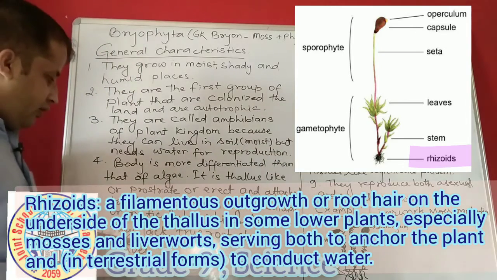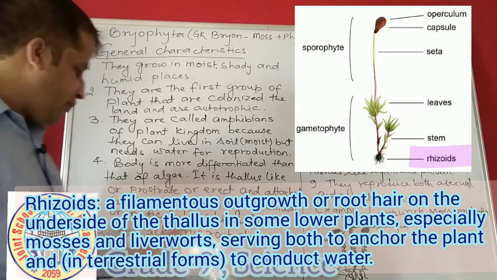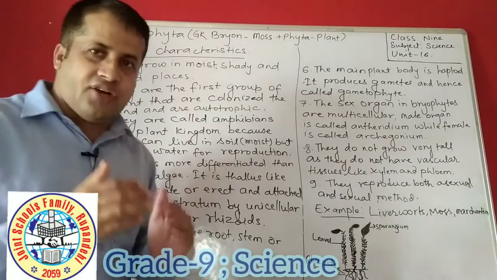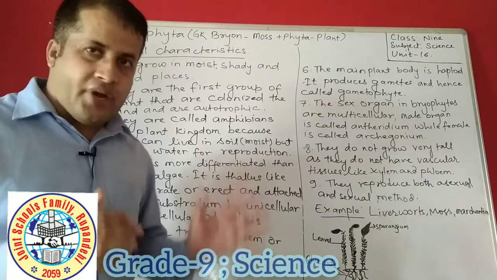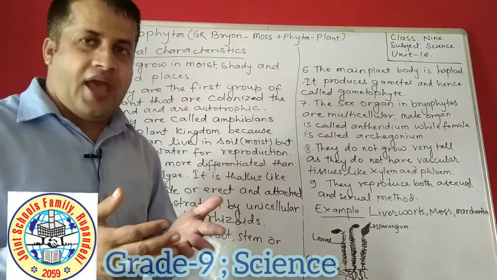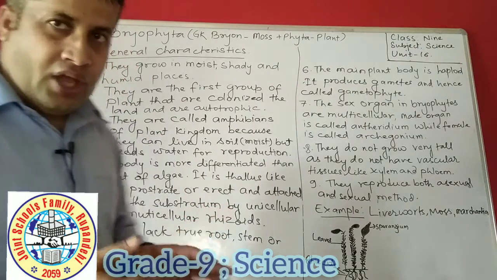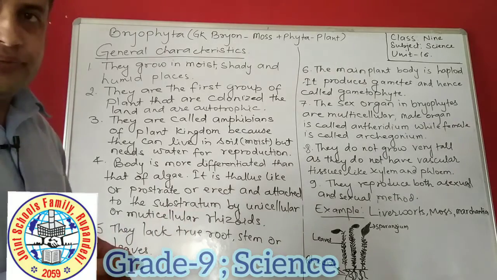As I have already told, they lack true root, stem or leaves. They are slightly developed as compared to the algae, but they don't have true roots. They have rhizoids, and truly we cannot say they have root, stem or leaves.